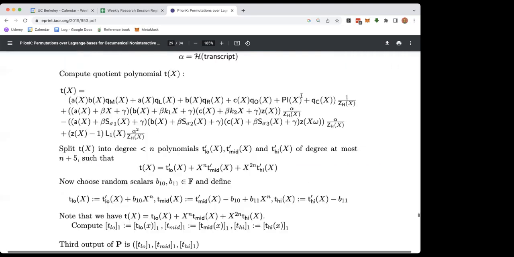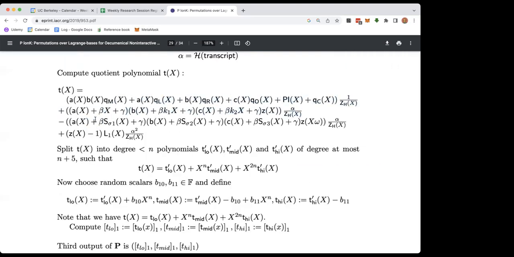It's because of this part. When we are verifying the quotient polynomial, you are doing something like this. And this polynomial has several things. First of all, you do need to multiply this, so that's one. And the degree here has a lot to do with the number of wires that you are going to use. So this is why the number of wires affects the permutation check.